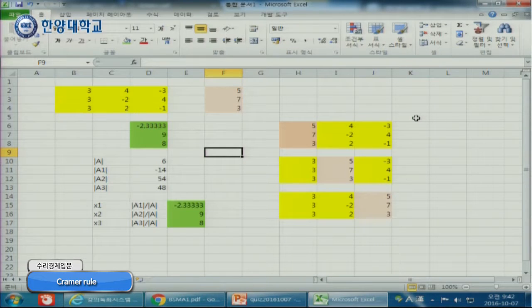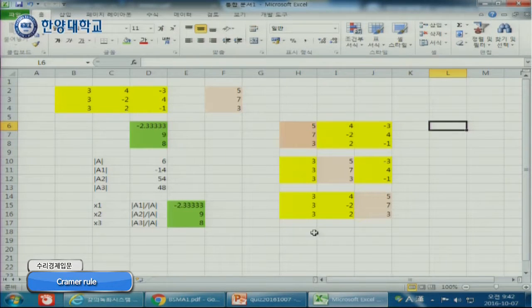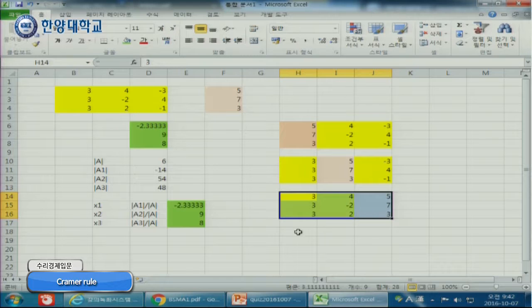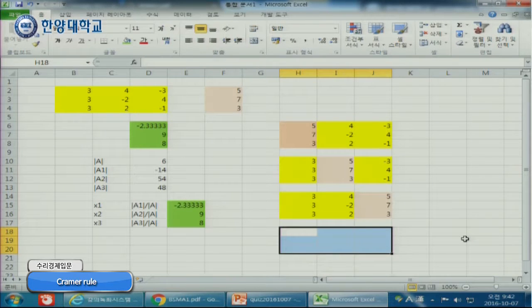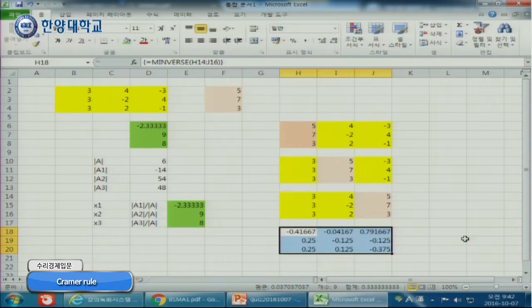MINVERSE. If you want to calculate the inverse matrix of this one, for example, then you highlight a 3 by 3 range and use MINVERSE, and then Control Shift Enter. This is the inverse matrix.